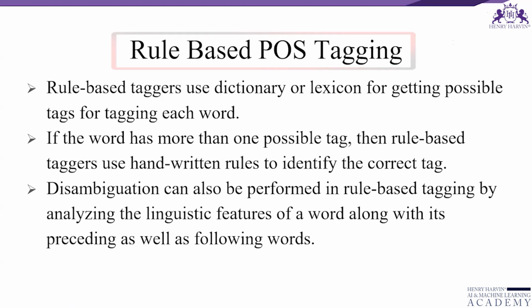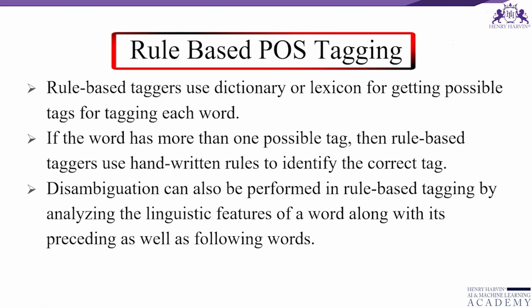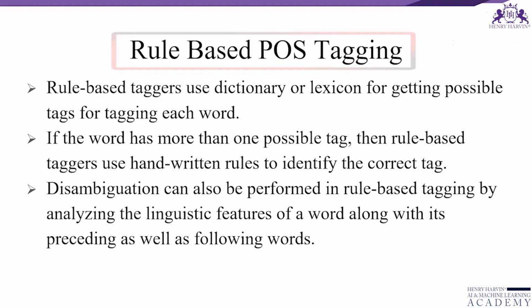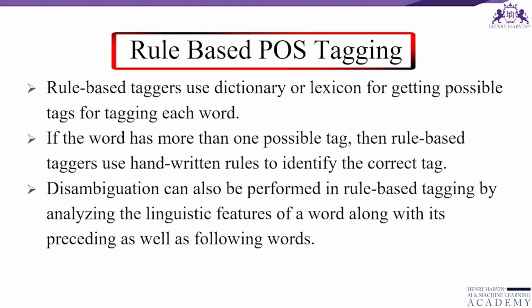If the word has more than one possible tag, then rule-based taggers use handwritten rules to identify the correct tag. Disambiguation can also be performed in rule-based tagging by analyzing the linguistic features of a word along with its preceding words, right? So this is what you have to understand here. This is basically rule-based tagging, right?